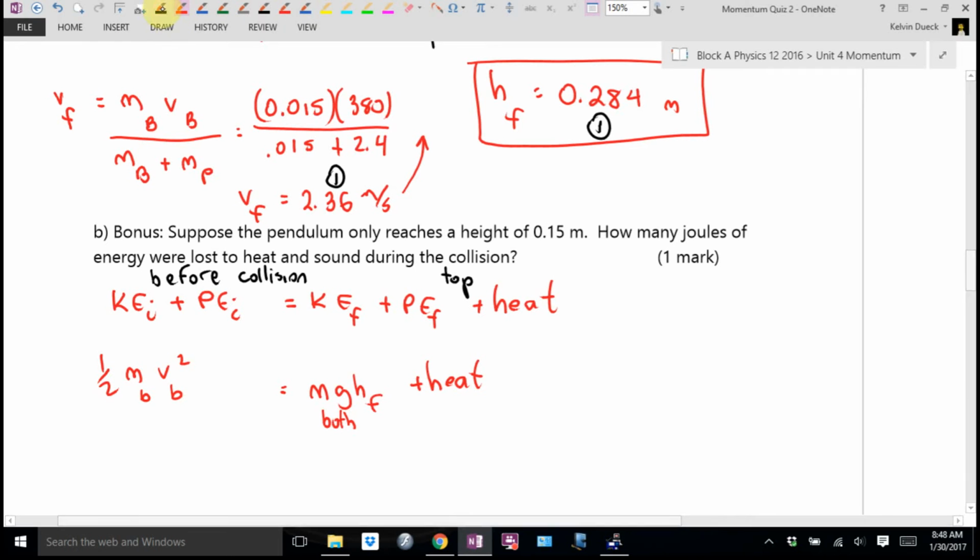So if I want to get the heat by itself, the heat is going to equal a half m bullet v bullet squared minus m both g h final.